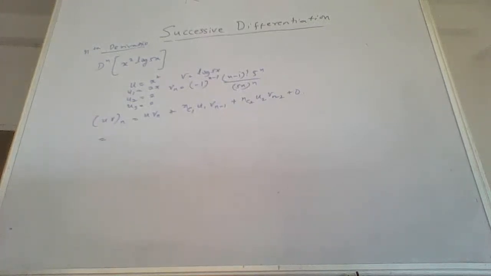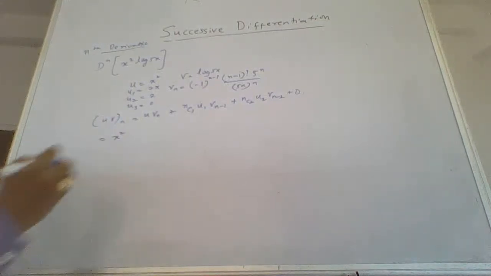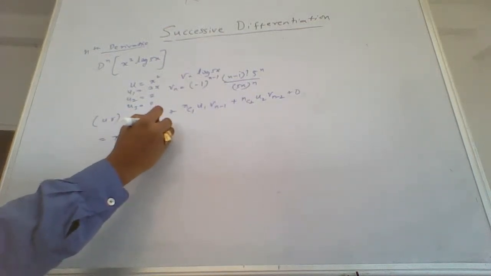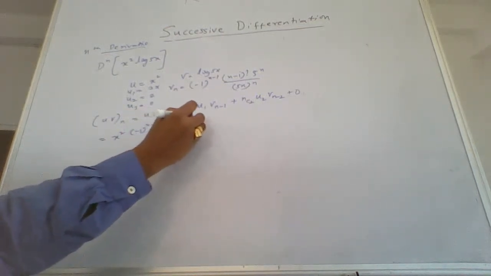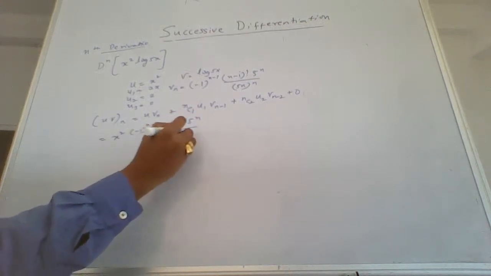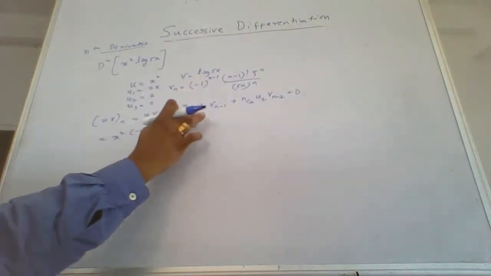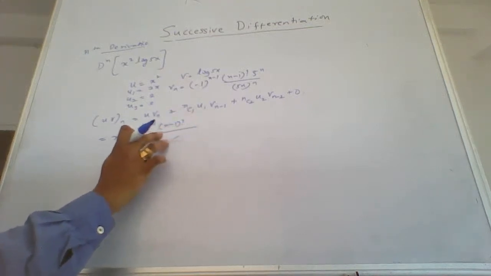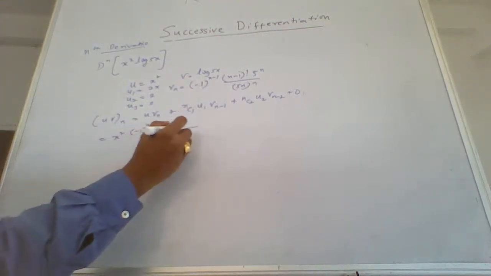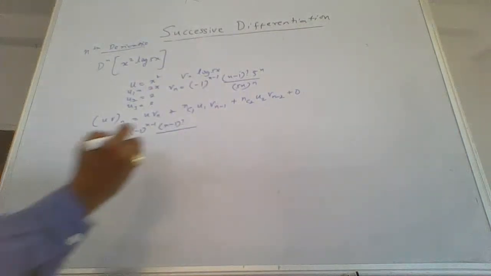So let us try to evaluate this. You get u as x square, vn being minus 1 to the power of n minus 1, n minus 1 factorial, 5 to the power of n divided by 5x to the power of n. If we simplify further, the 5 to the power of n gets cancelled, and in the denominator I'll have x to the power of n.